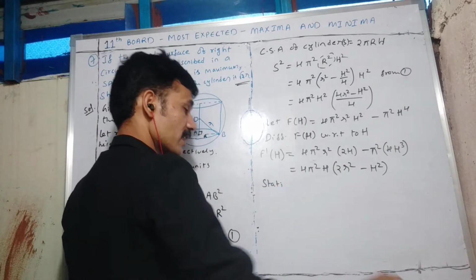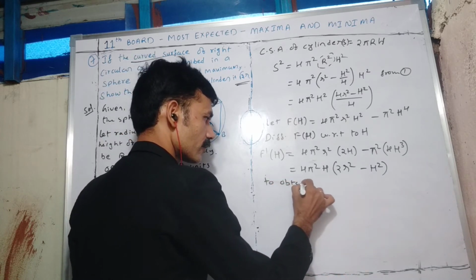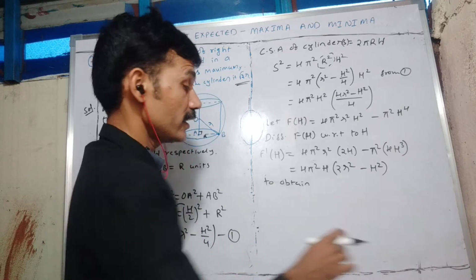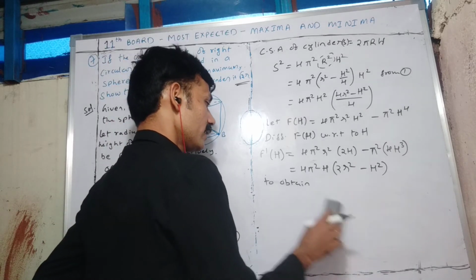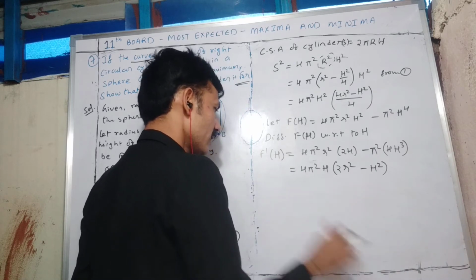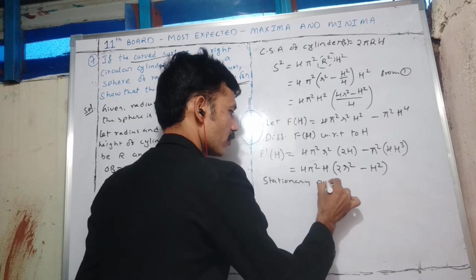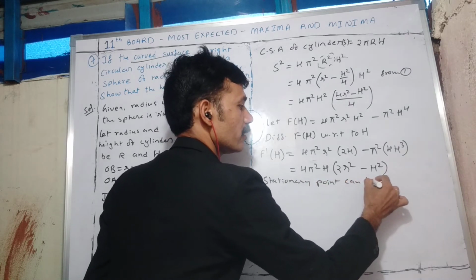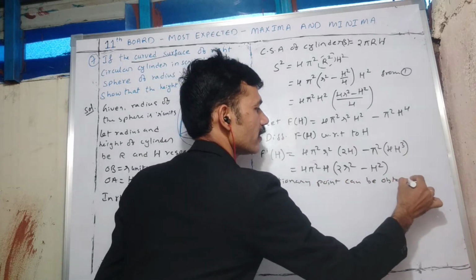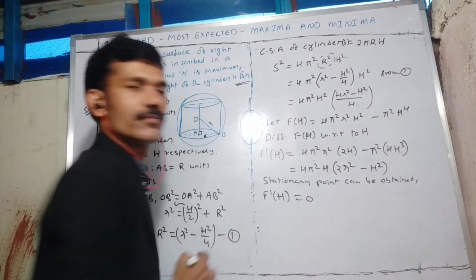A stationary point can be obtained when f'(h) is 0.